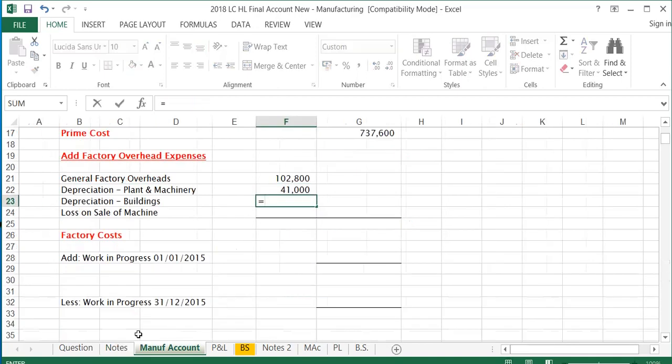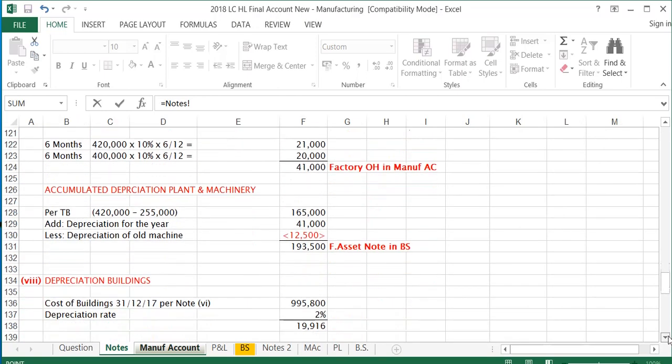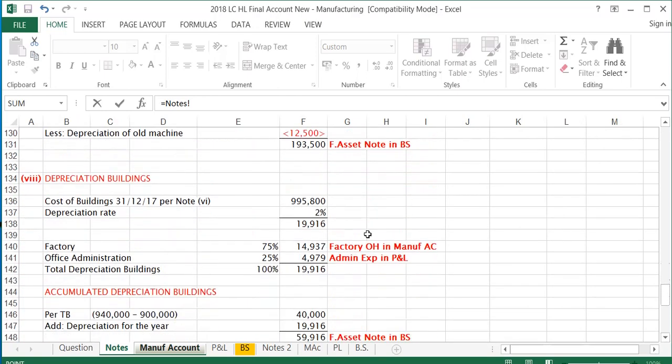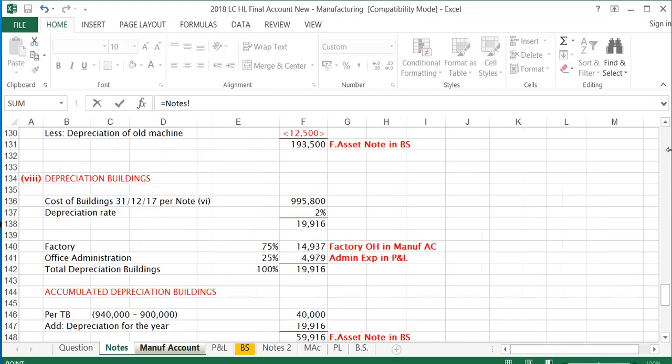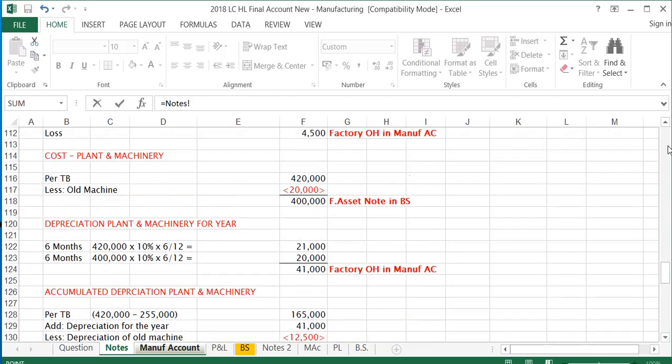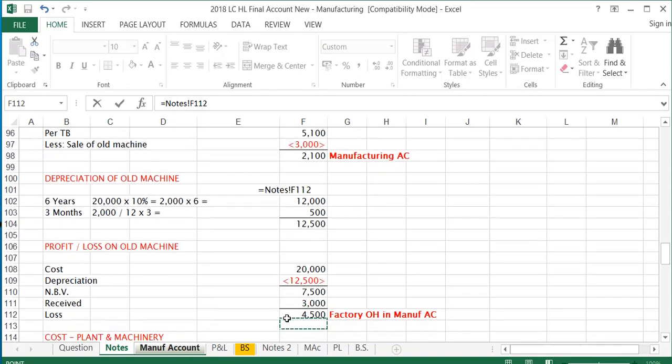Depreciation of buildings, again, I worked out in a note, and that was split up 75-25. So 75% of it will go here as a factory overhead in the manufacturing account. And the last thing I have is the loss on the sale of the machine, which I worked out here to be 4,500.